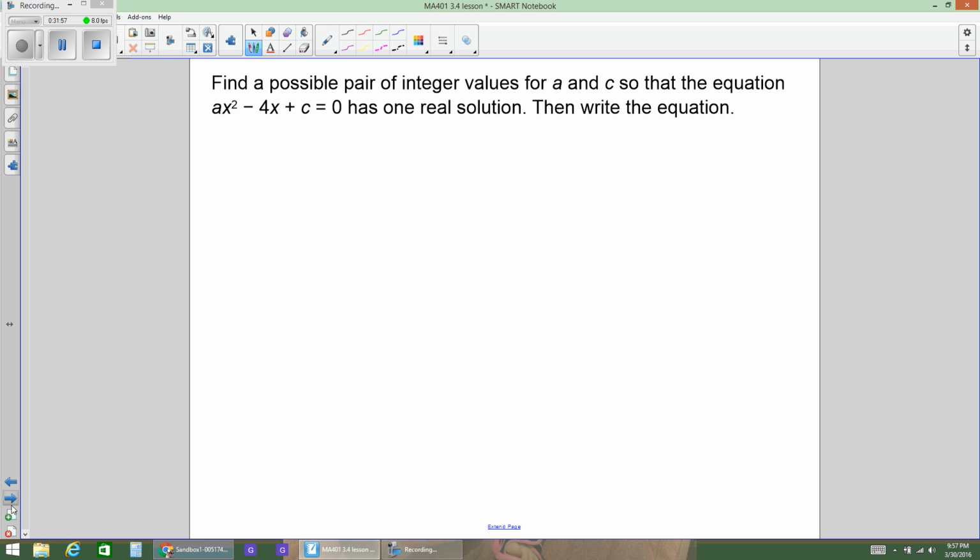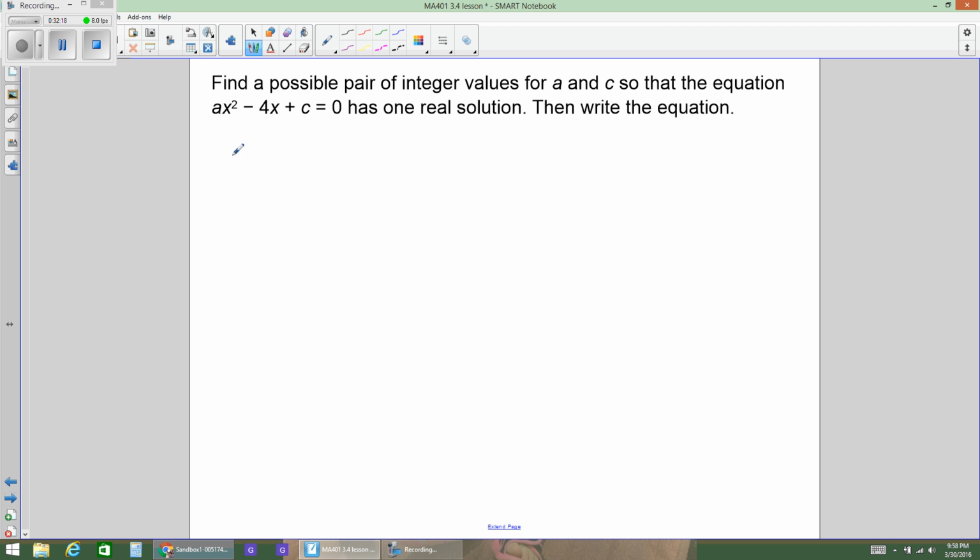All right, it says find a possible pair of integer values for a and c so that the equation ax squared minus 4x plus c equals 0 has one real solution. Then write an equation.